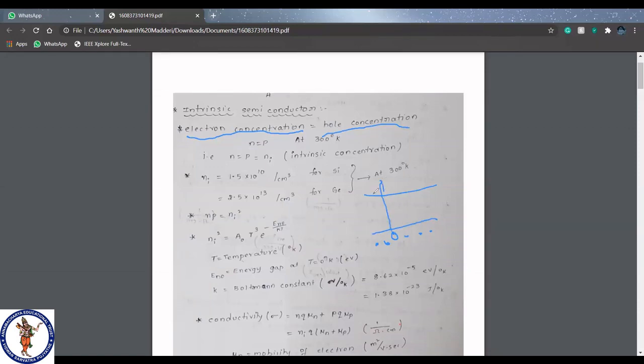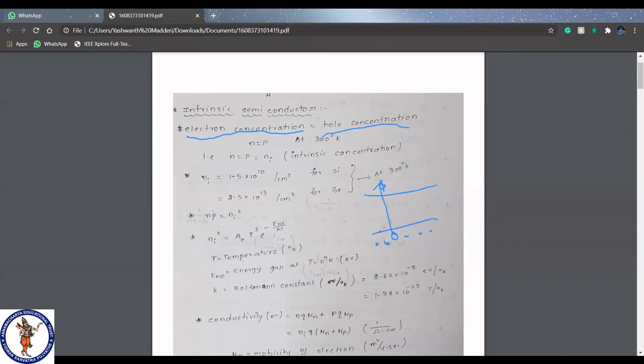Now the first electron moves from here to here, and leaves one hole here and one electron in the conduction band, one hole in the valency band.